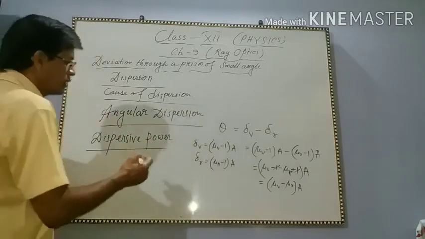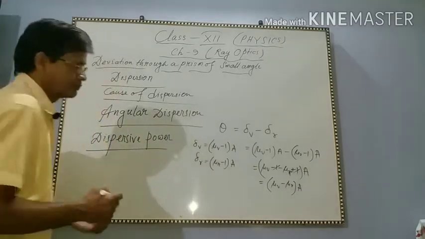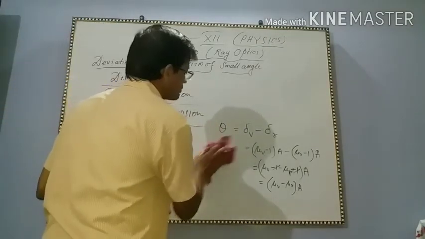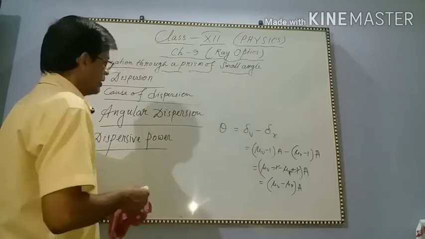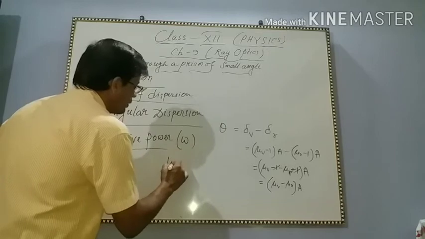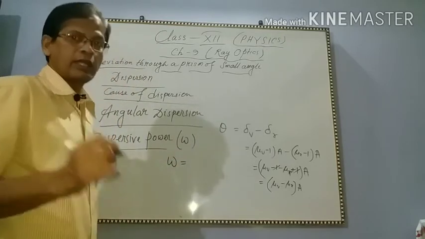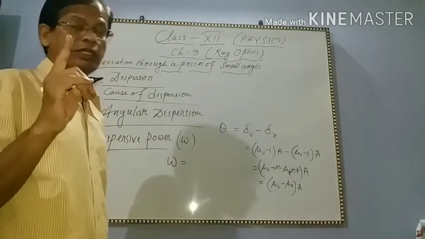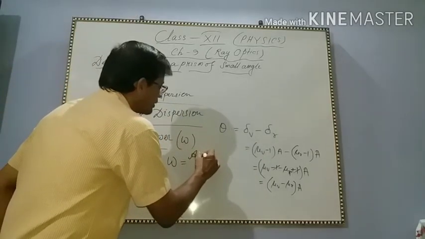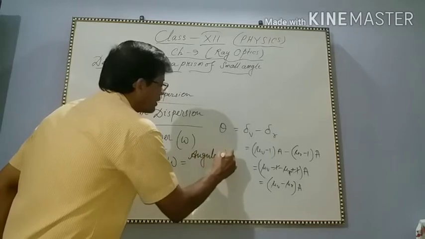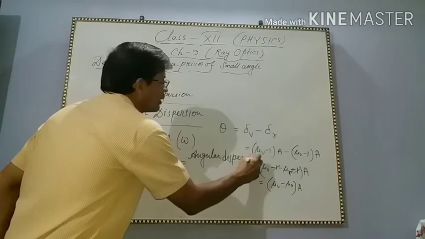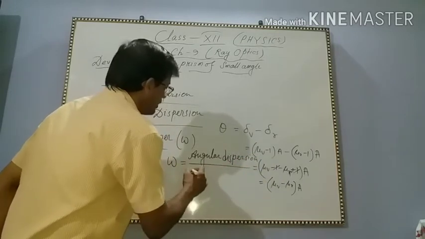It is denoted by omega. So dispersive power equals angular dispersion by mean deviation.